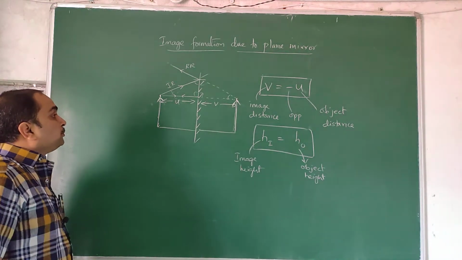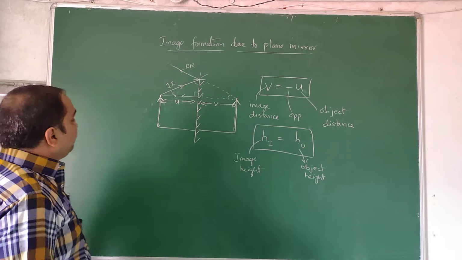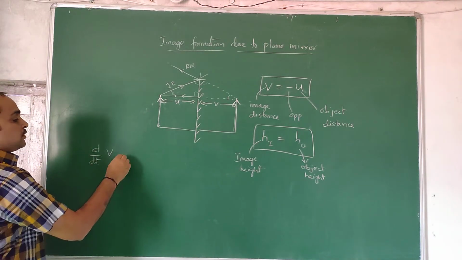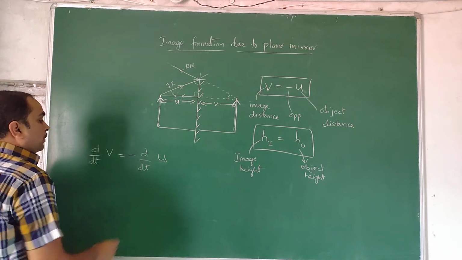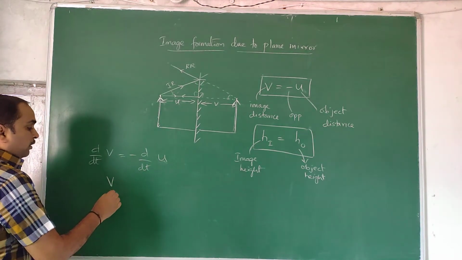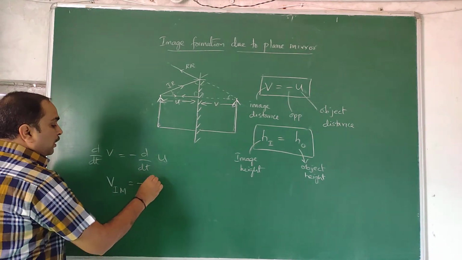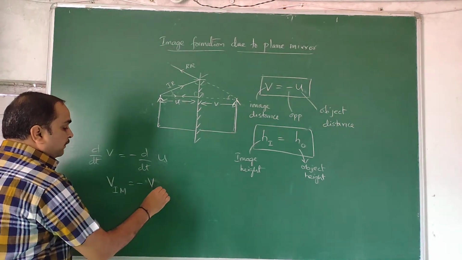What else you can do now? Image distance, and now differentiate that. d by dt, rate of change of image distance is equal to minus of d by dt of u. So velocity of image with respect to mirror is equal to minus of velocity of object with respect to mirror.